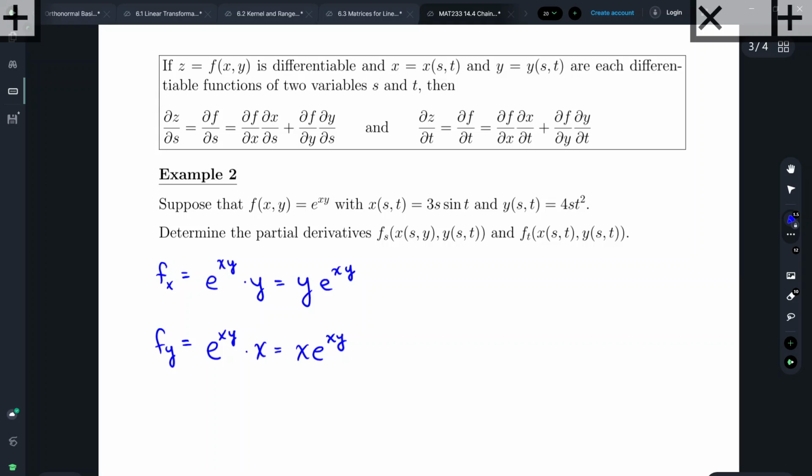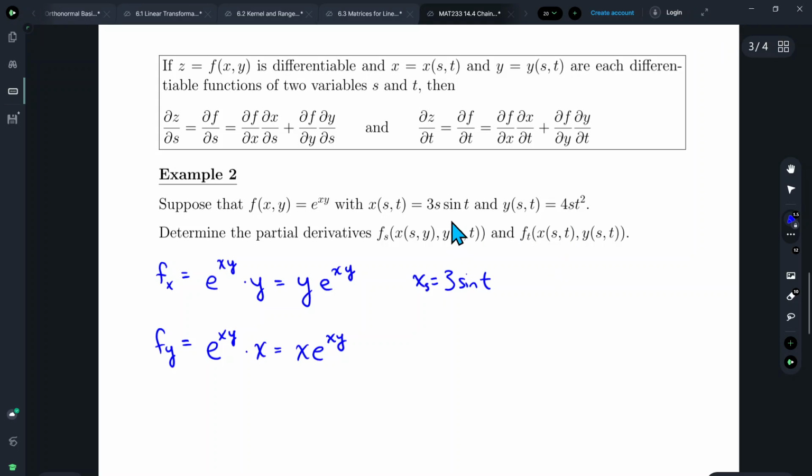Okay, so now let's look at x. X is a function of two variables, so we have two partial derivatives. We have the partial derivative of x with respect to s. Here, the sine t we think of as being constant, so the derivative is just 3 sine t, right?